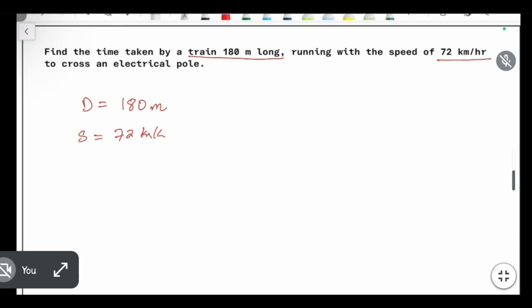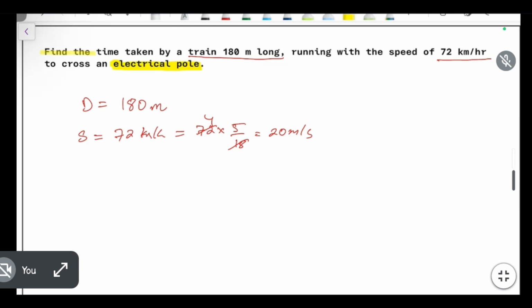Like I told you earlier, we need to convert this to meter per second. So 72 into 5 by 18, which is 20 meter per second. That's our speed. And it is crossing an electric pole.